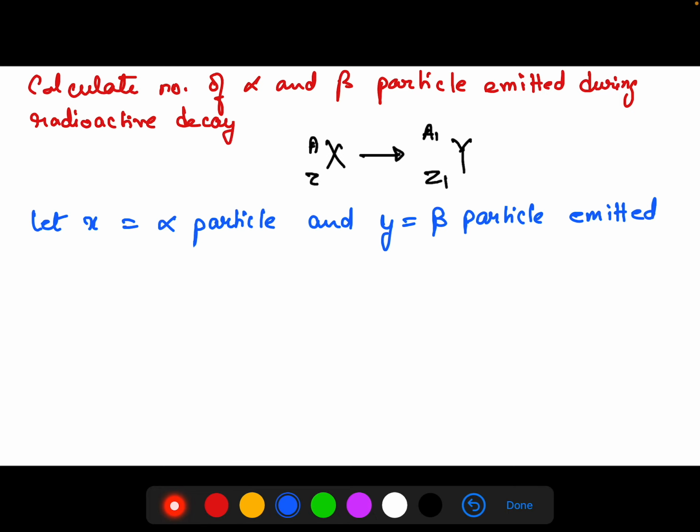So this simply makes our equation: X times the alpha particle, which is helium, and Y times our beta particle, which is denoted as an electron. To solve the final expression, we need to make two equations out of this.